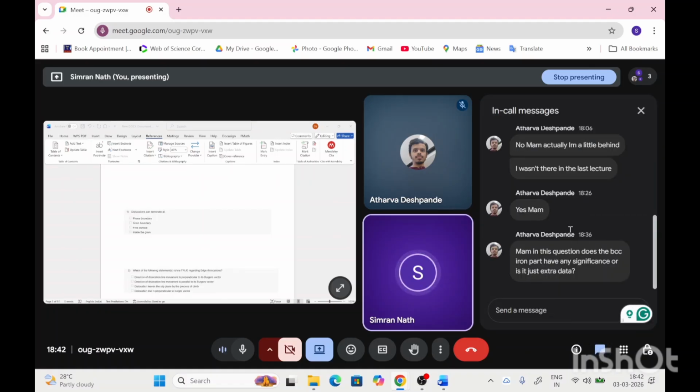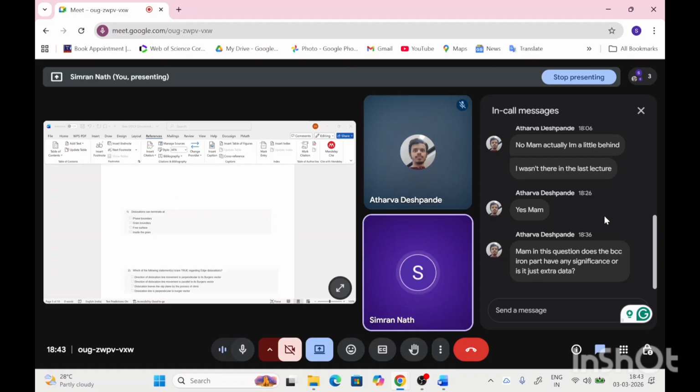You are asking, ma'am, does the BCC iron part have any significance, or is it just extra data? No, it's just the question. For BCC and FCC, the slip planes are different.